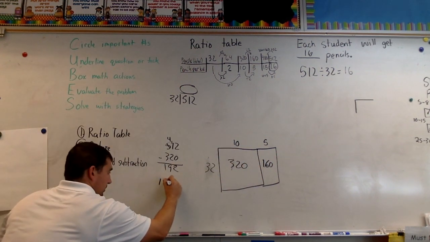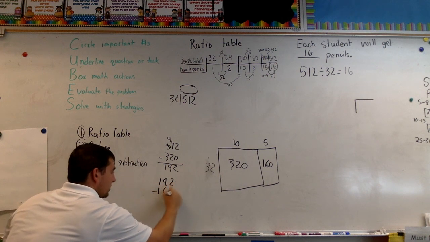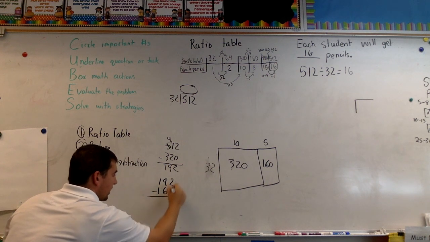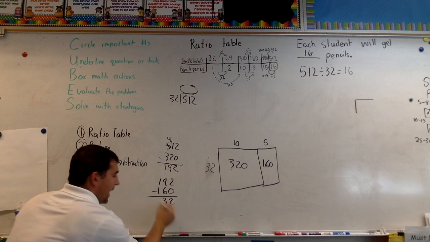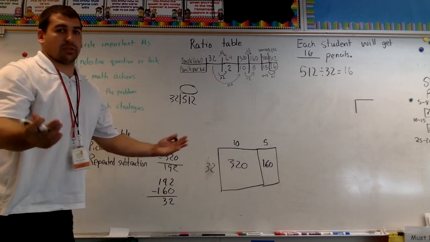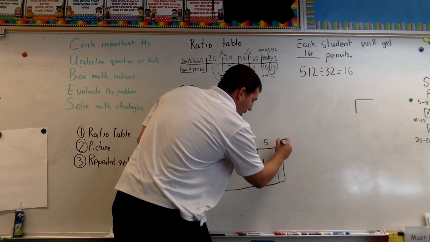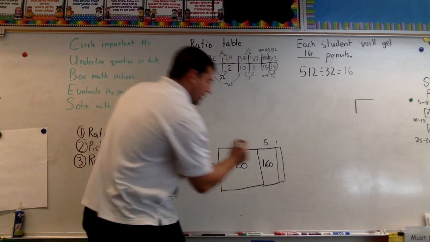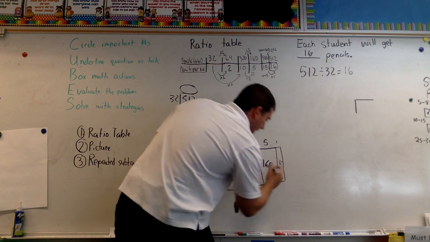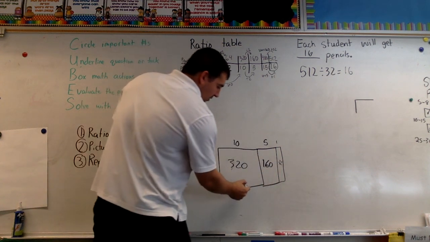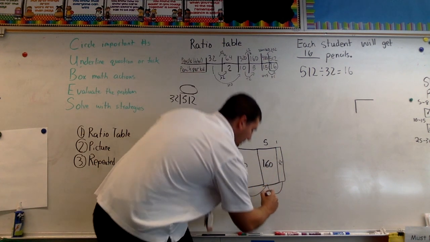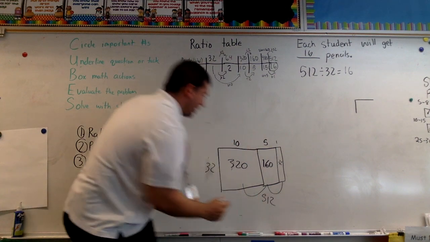I need to come and subtract the 160 out. 2, 3. Hey, look, I'm left with 32. That's really easy. That means 1 more pencil for every kid. So I put my 1 more pencil for every kid up there. And inside here is 32. Now, if you were to add all of these up, that's your 512.